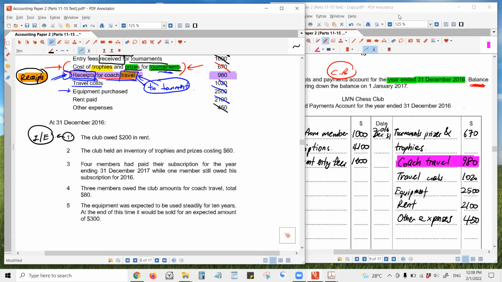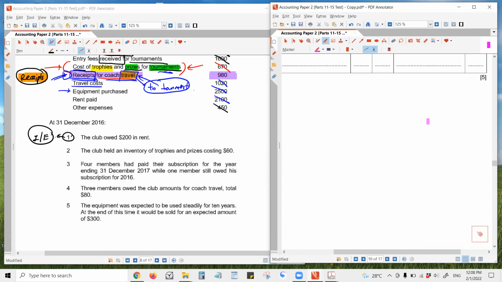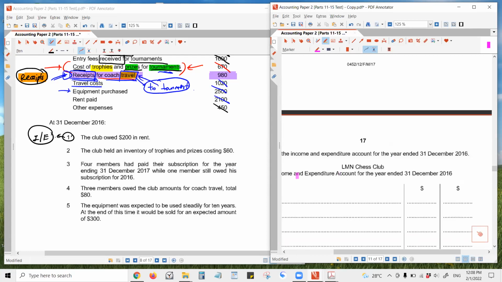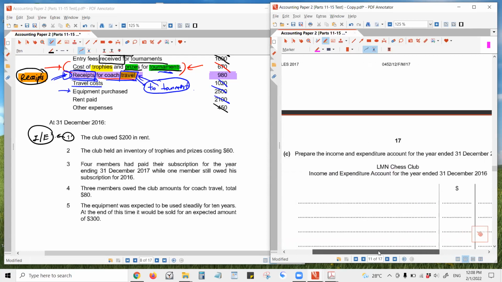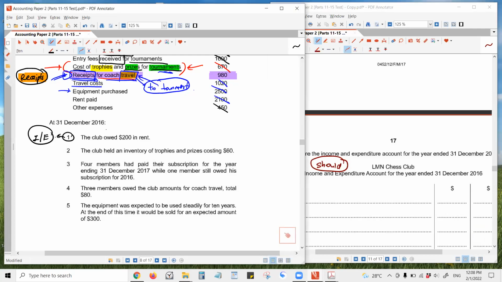So let's see what we have to do next after part A. Subscription account, income expenditure account, which is part C. So info number 1 is only important for part C, because in part C you have to find all the amounts that you should receive as income for the year and the expenses that you should pay for the current year. So we leave this info number 1 to part C.